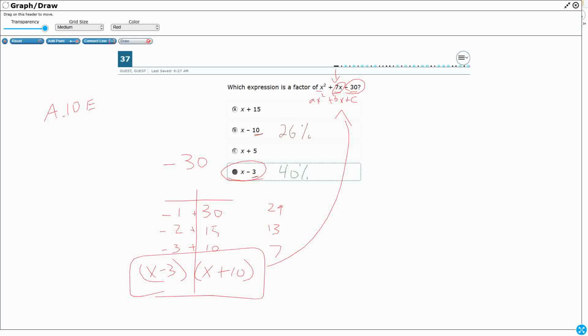And then we had 16% and 17%. So the 15 and the 5, I mean 15 times 2, 5 times 6, those are all individual factors of 30, but they wouldn't work with anything else to get to that positive 7. So this was definitely difficult. In fact, this seemingly simple problem was tied for the 11th hardest item on the test.